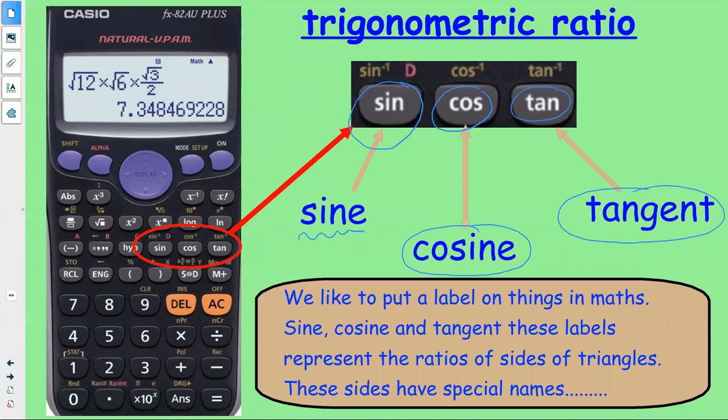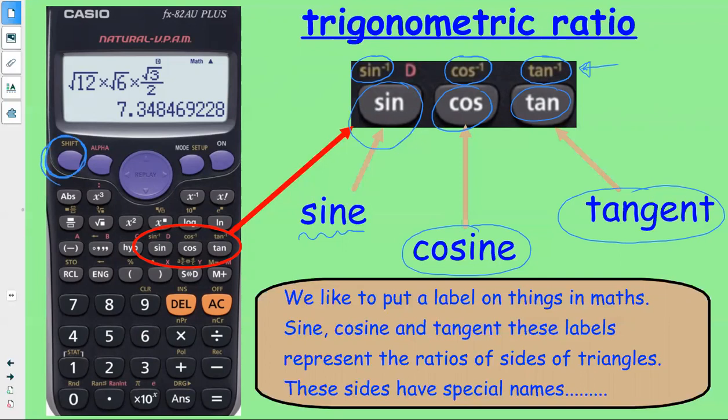These are the inverse functions up here that we'll come to later on to use. I'm just pointing out what buttons you need to use in order to do trigonometry. And to get these inverse functions, you would have to use your shift button on your calculator that I'm circling now.